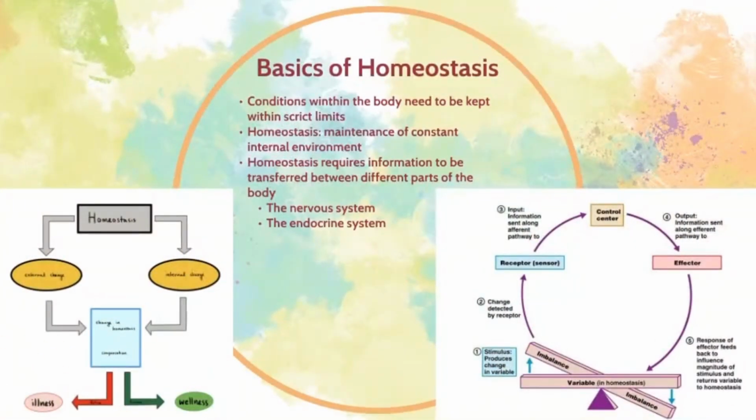So in organisms, we need the internal conditions to remain relatively constant. This allows for the optimal performance of things like enzymes. So in order to keep the internal conditions of an organism constant, the body has several different ways that it can regulate this. The definition of homeostasis is the maintenance of a constant internal environment. So, although the outside environment might change, the internal environment of the organism remains pretty constant.